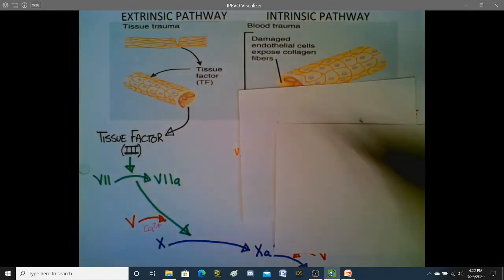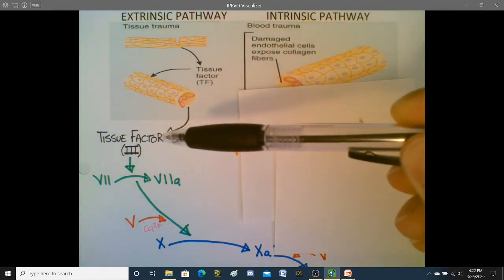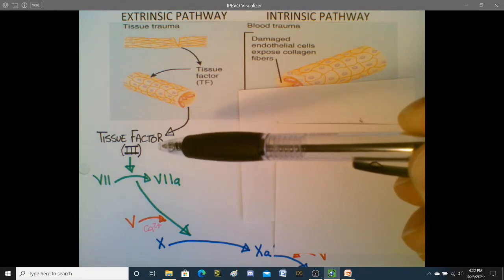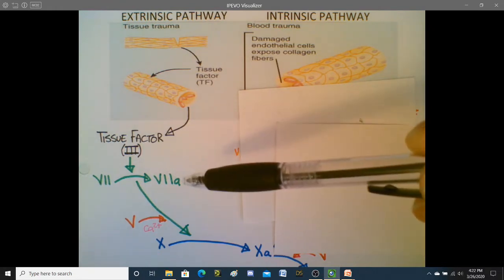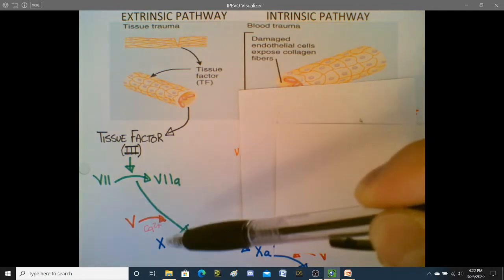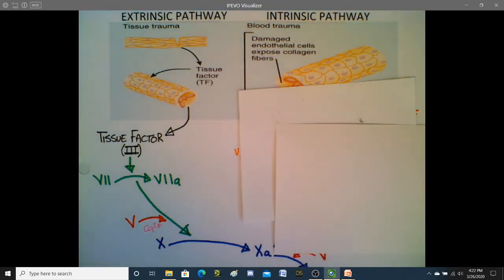But in the extrinsic pathway, tissue damage releases clotting factor 3. We call it tissue factor. Clotting factor 3 activates clotting factor 7. Then active 7 along with 5 and calcium activate 10. So then 10 is activated.